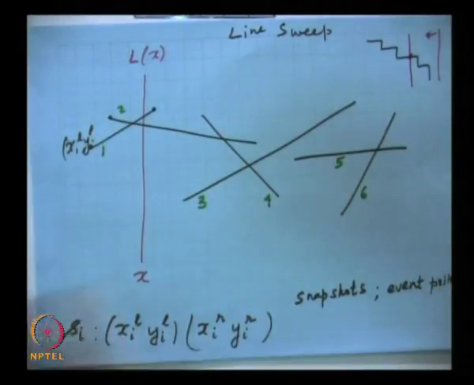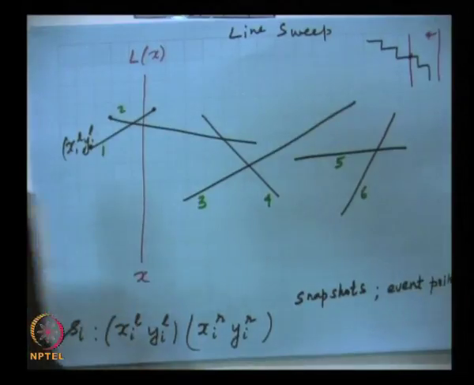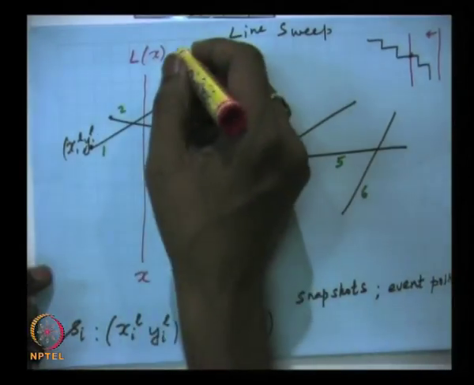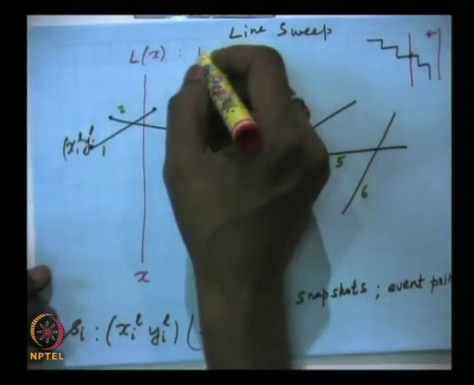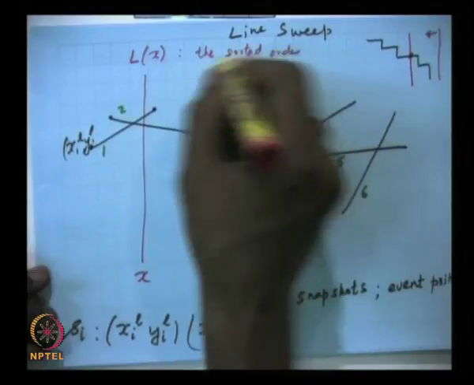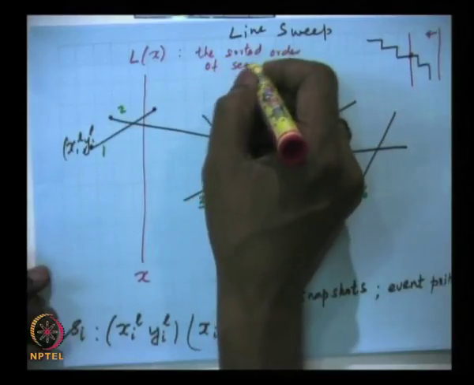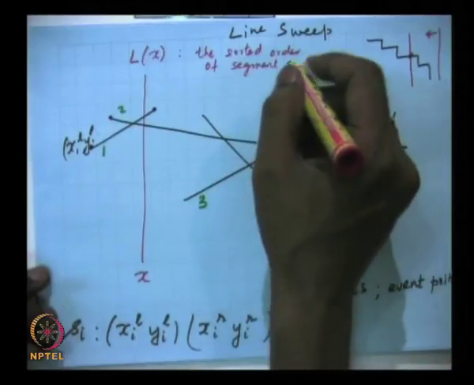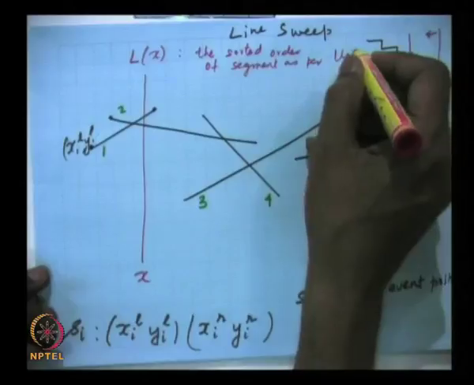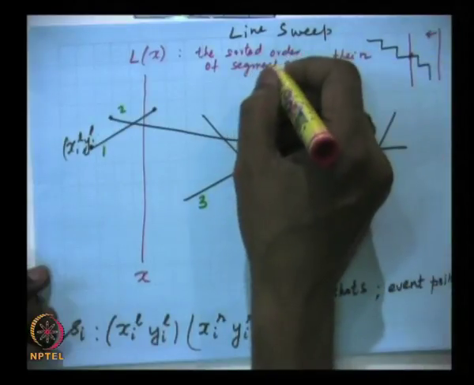So L of x is the intersection of this vertical line, the sweeping line, with the line segments at coordinate x. In fact, I will use L of x to denote the sorted order of segments as per their intersections.